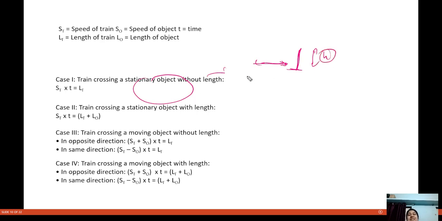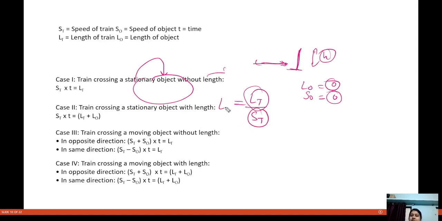So the length of the object we take as 0, and the pole is also at rest, so the speed of the object will also be taken as 0. So the time taken by the train to cross a stationary object without length will be given by what? Length of the train divided by speed of the train.